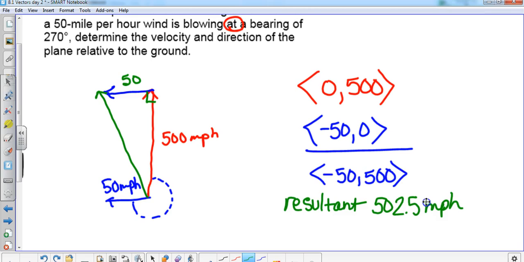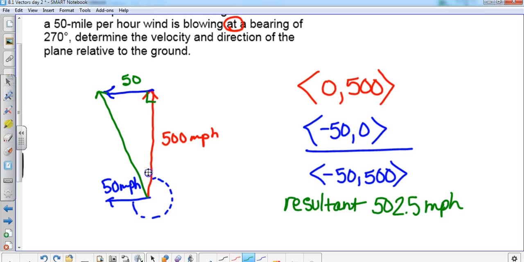It's not helping the plane hardly at all, and it's not hurting the plane hardly at all in terms of speed. It helped it 2.5 miles per hour. Not much. All right, but it is going to push it off a little bit, right? Yeah. Off course.